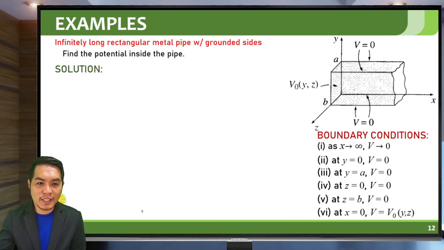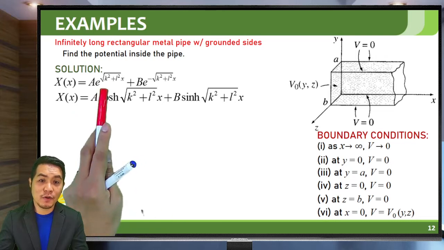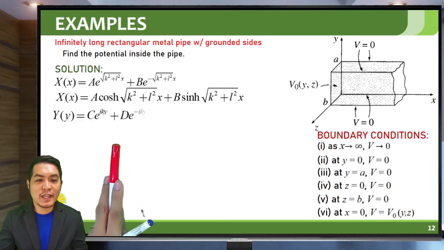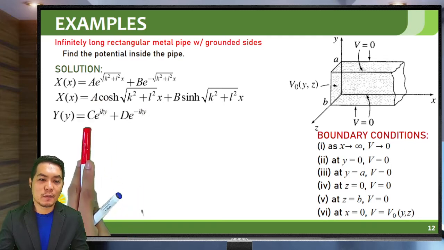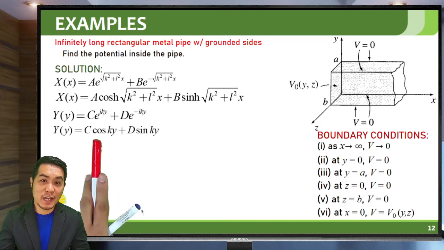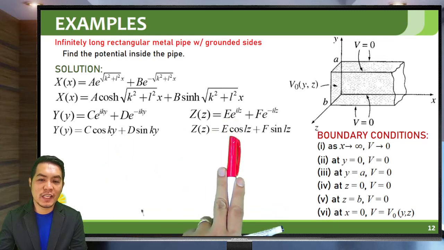So for the x solutions, we can have two options. We can use the exponential form, or we can use the hyperbolic cosine form. For the y solution, we can also have the option of using the exponential form, or we can use the sinusoidal forms. Similarly with z, we can use the exponential form or the sinusoidal form.